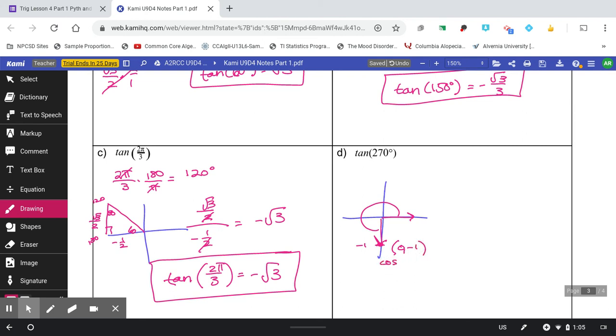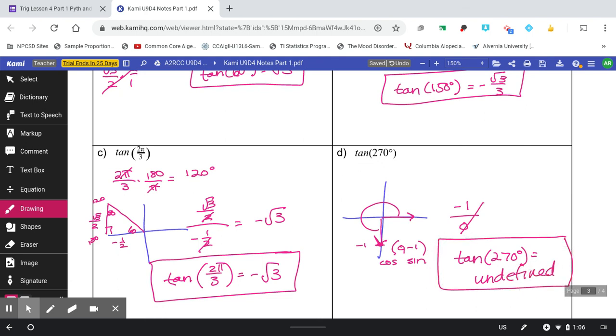This is my cosine, and this is my sine. So I'm dividing my sine by my cosine. Uh-oh, can't divide by 0. So that means that the tangent of 270 degrees is undefined.